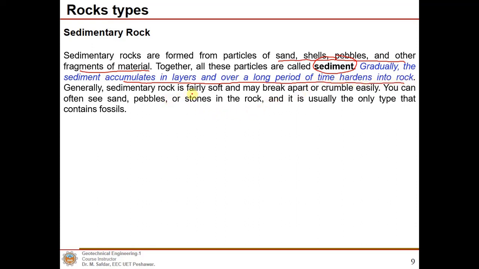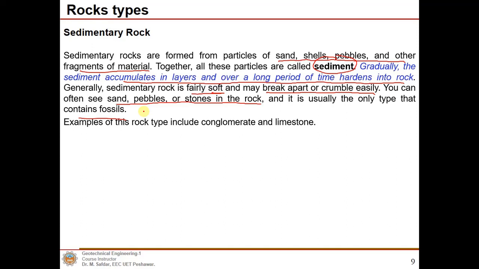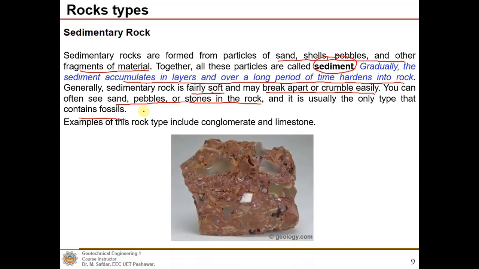Generally, sedimentary rock is fairly soft and may break apart or crumble easily. You can often see sand, pebbles or stones in the rock, and it is usually the only type that contains fossils. Examples of this type include conglomerate and limestone. So here you can see the appearance of the sedimentary rock.